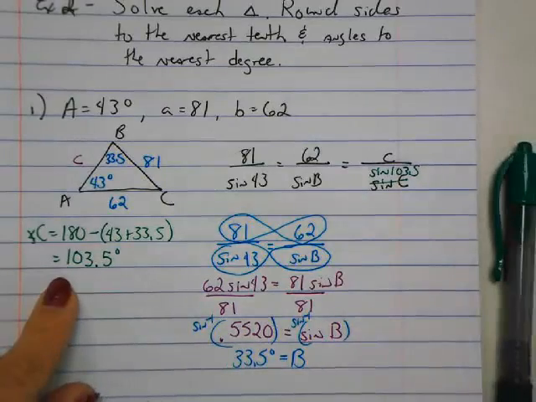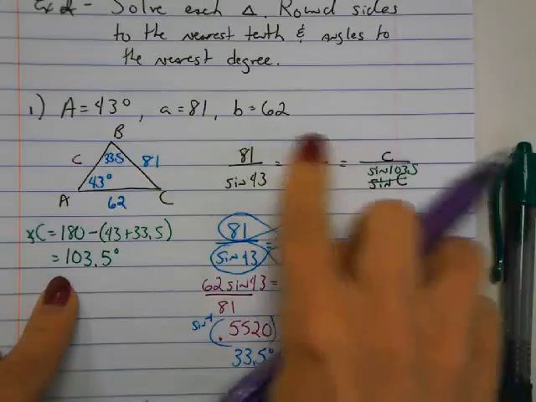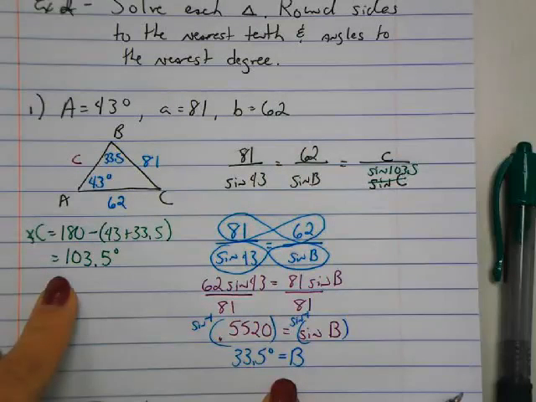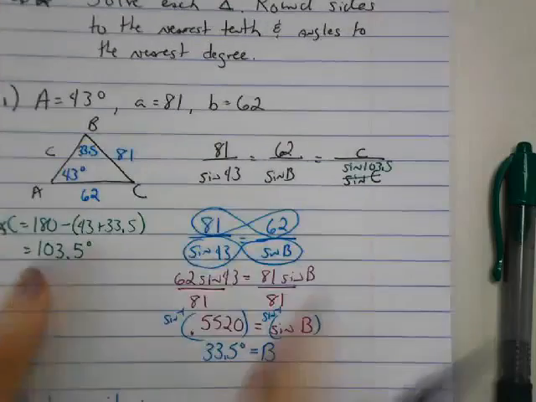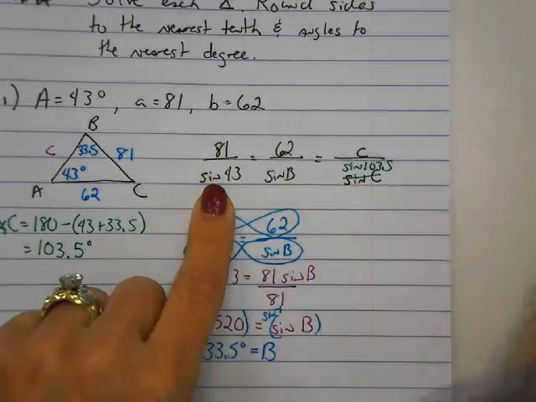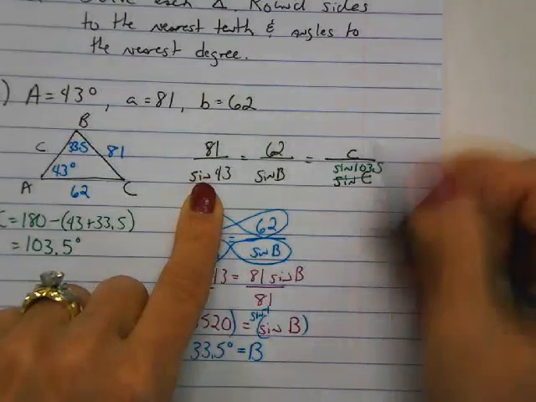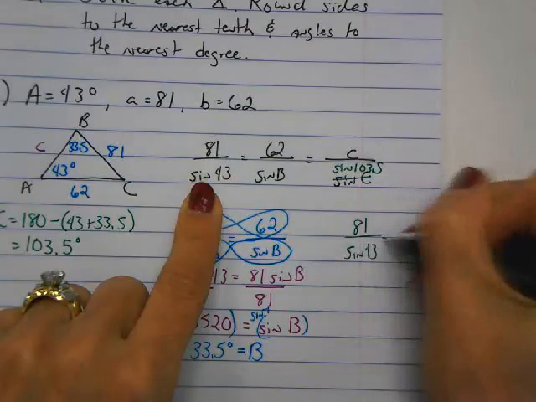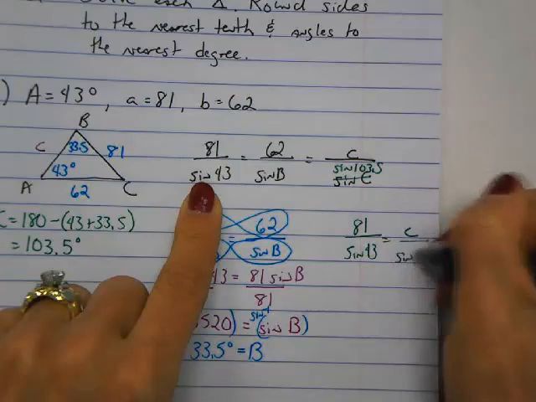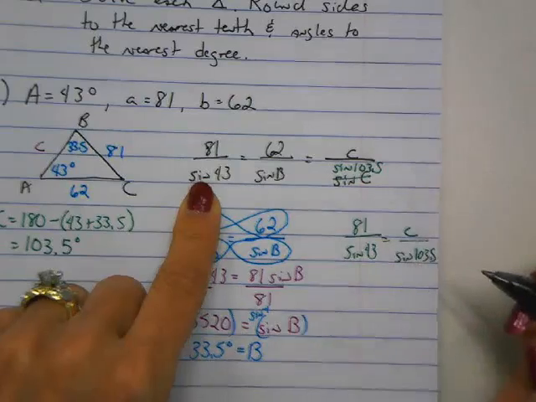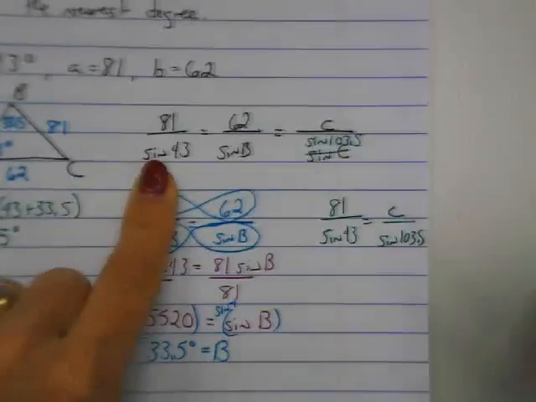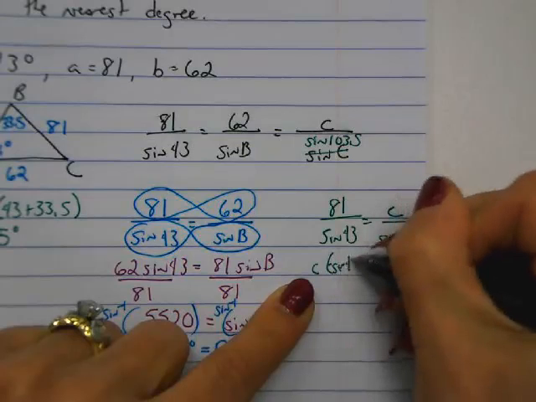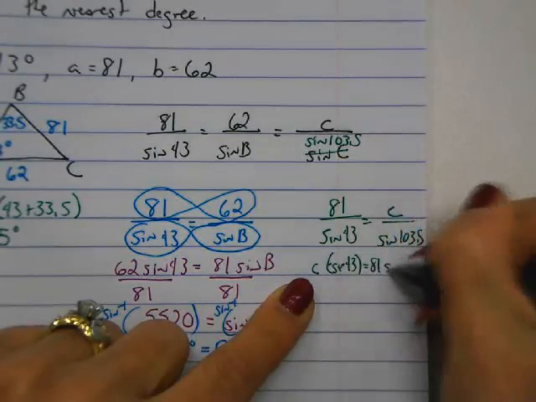Now, you have a choice to make. You could choose this, but what happens if you got B wrong? Then you're in a pickle. So I'm going to focus just on these two. Let's use green. I'm going to do 81 over the sine of 43 is equal to c over the sine of 103.5. Cross multiply. So I get c times the sine of 43 equals 81 times the sine of 103.5.